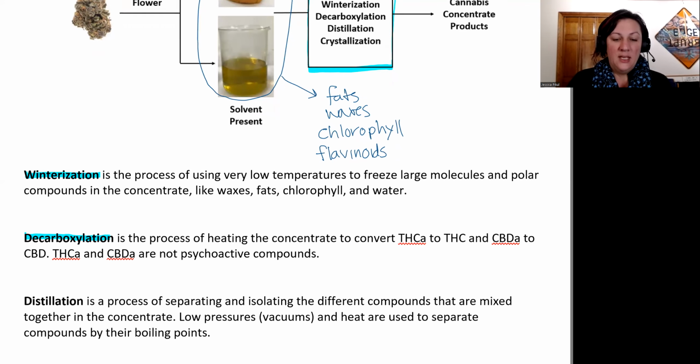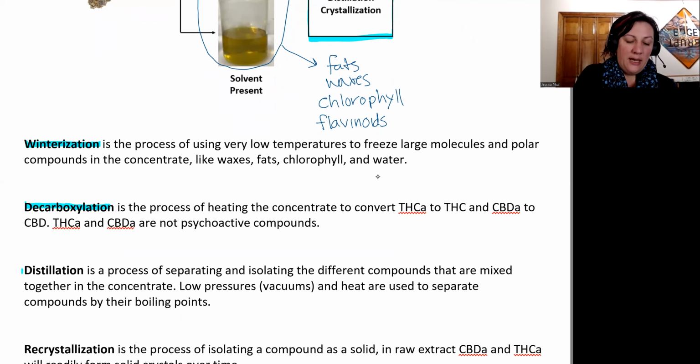Next, there's distillation. So this is a process where we separate and isolate different compounds that are in any sort of mixture. And so when we do this with a cannabis concentrate, we're doing it to separate and isolate out cannabinoids and terpenes.